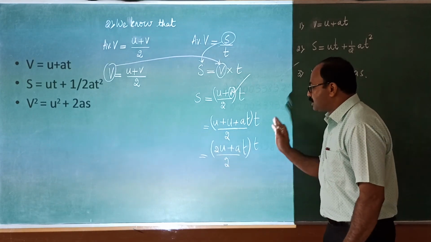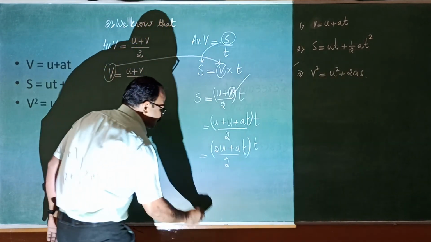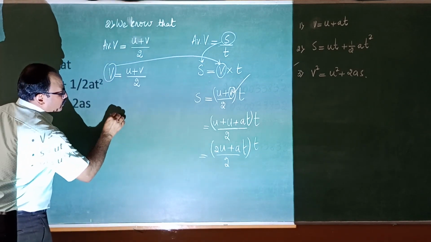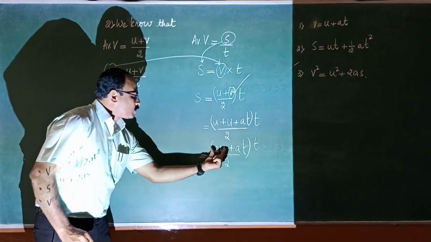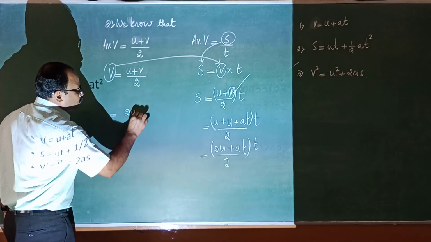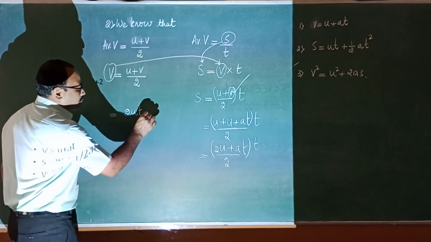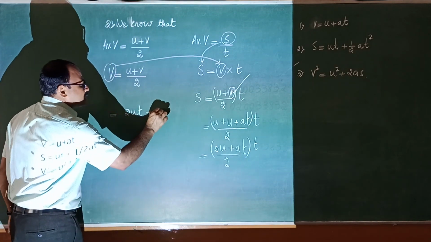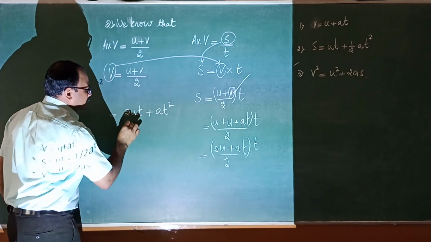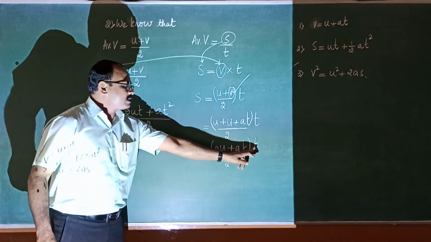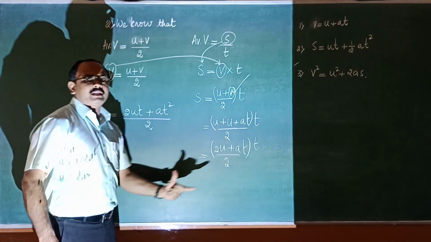Let me multiply these two with this, children. This will be equal to 2u into t is 2ut plus at into t becomes at square, whole divided by this 2. I have multiplied this t with these two binomial terms, children.